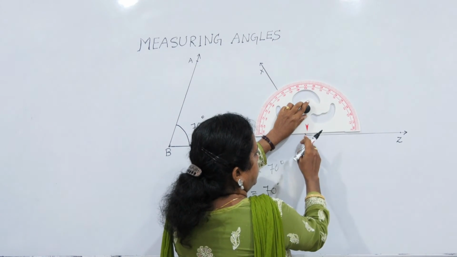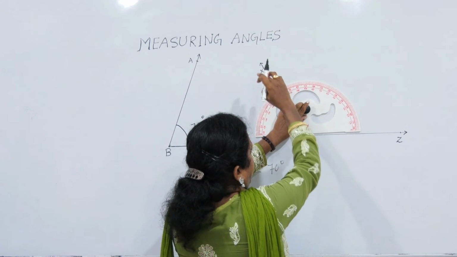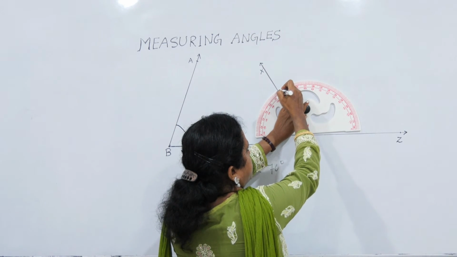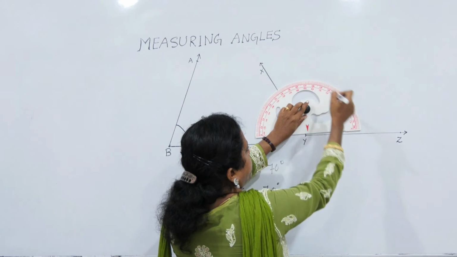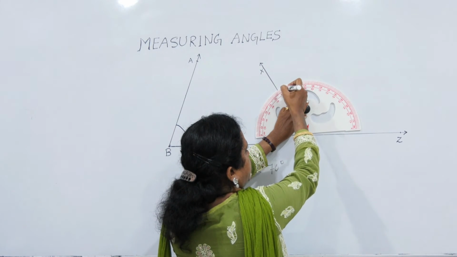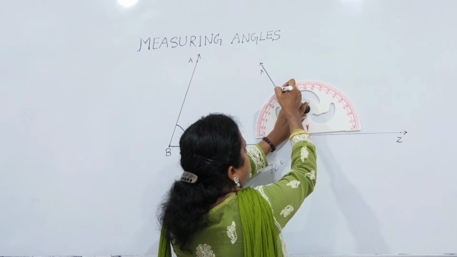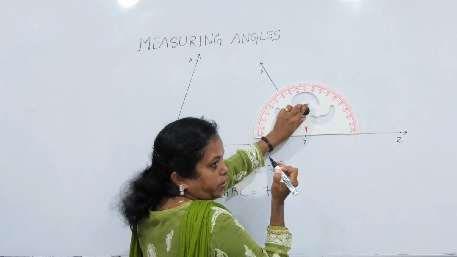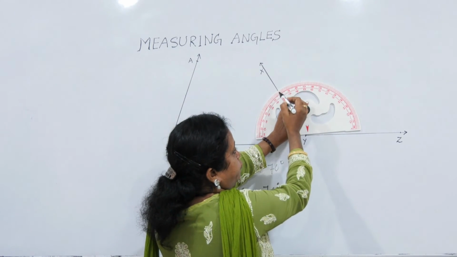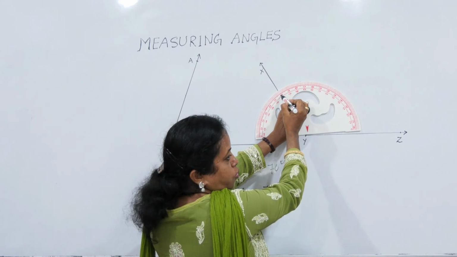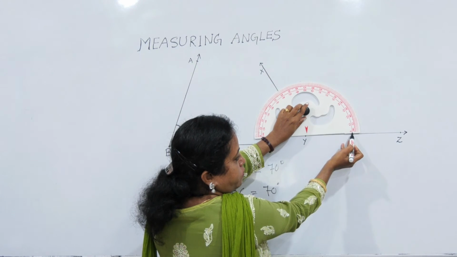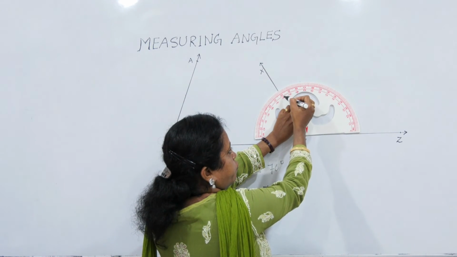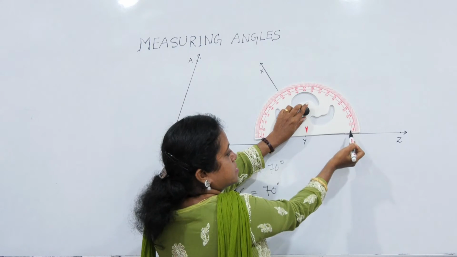So if you see the ray YX, here where does it mark? From 0 we are taking, so it marks 122 degree. But remember, if you write 60, it is wrong, because we are taking the scale which is starting from 0. So be careful when you write. You are taking the scale from 0.